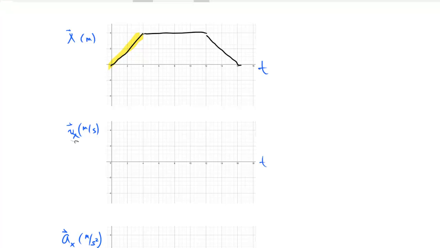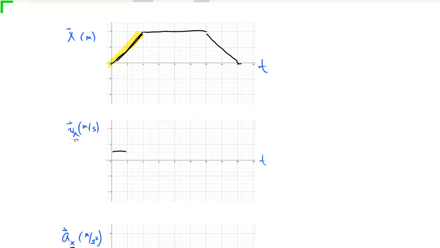The slope is a constant 1, so the value is a constant 1, and it goes up until about 4 seconds. It's always best to have these right on top of each other so we can line them up. So the slope value here became the velocity value here.